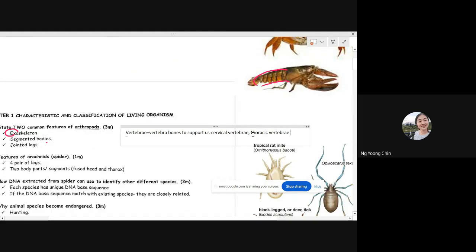Those are the vertebrae which cover your internal organs. However, arthropods don't have this kind of vertebrae, so they depend on the exoskeleton, the hard external part of the body, to protect themselves.